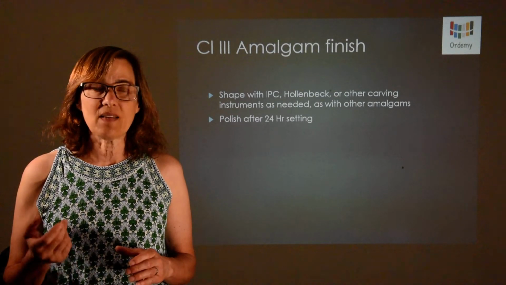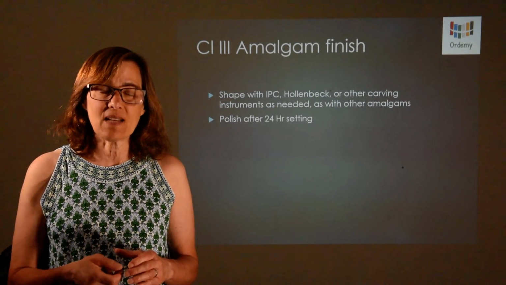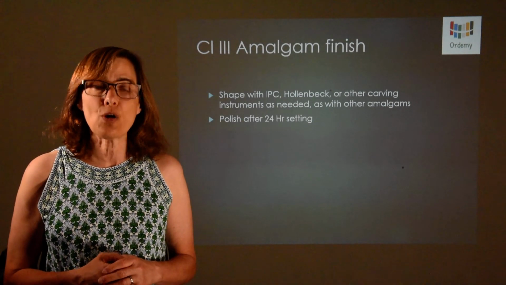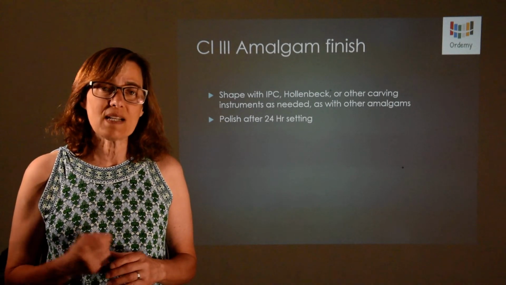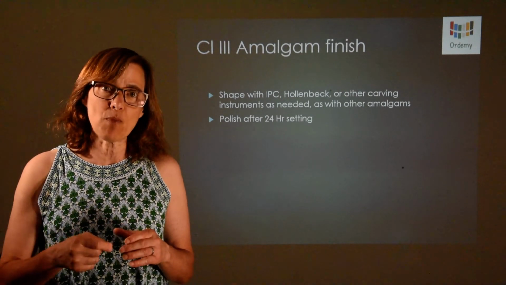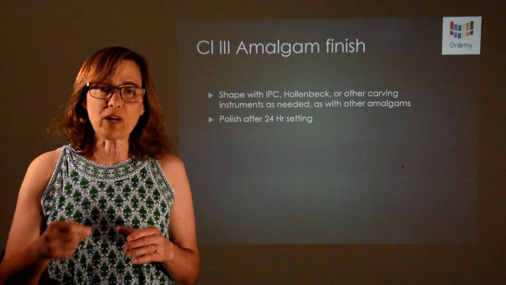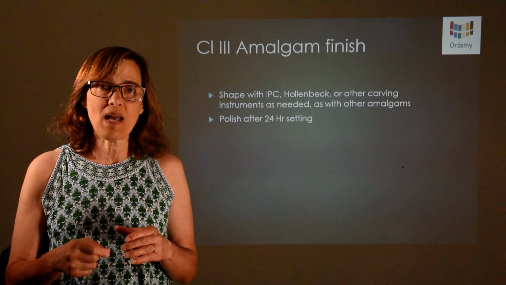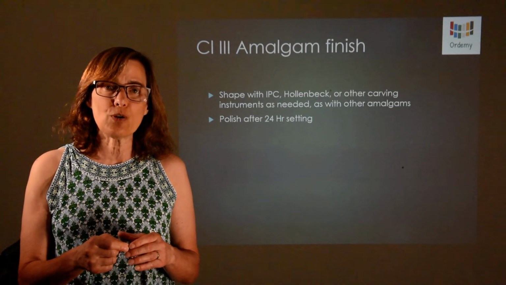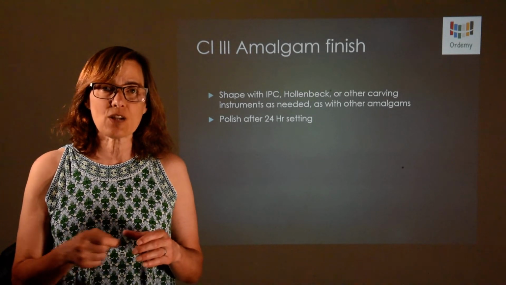As I said, the amalgam is placed in these retentive areas, and you will take your 1-2 condenser using the smaller size condenser. You will be using a stepping motion, overlapping each step and systematically going down one line angle to the next.